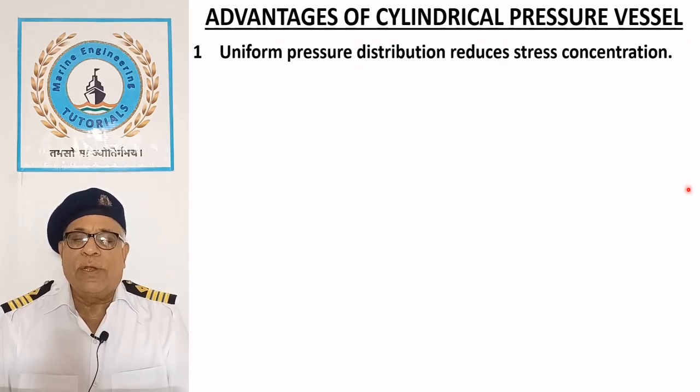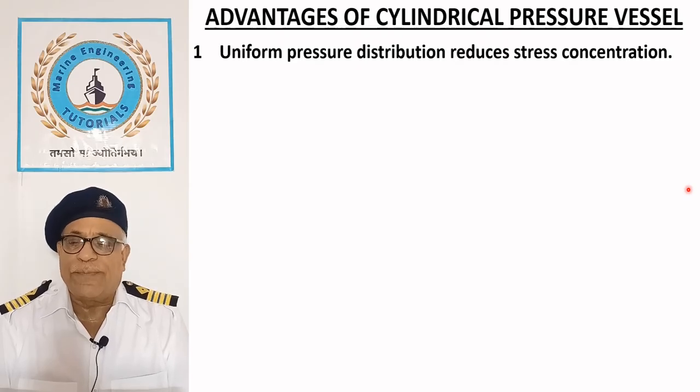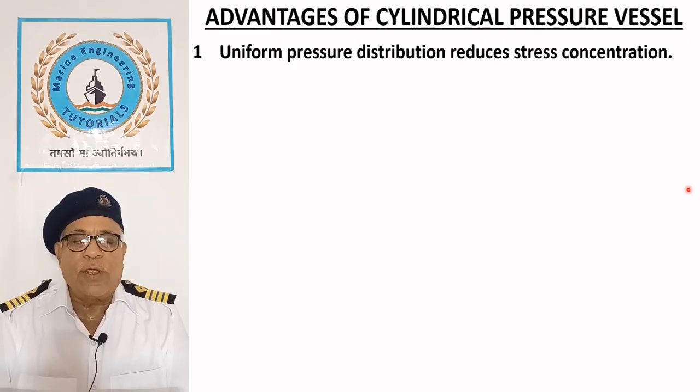In a cylindrical vessel, the stresses caused by internal pressure are more uniformly distributed compared to other shapes, which reduces stress concentration and the risk of material failure. The continuous curve in cylindrical vessels without sharp changes enhances the overall strength.